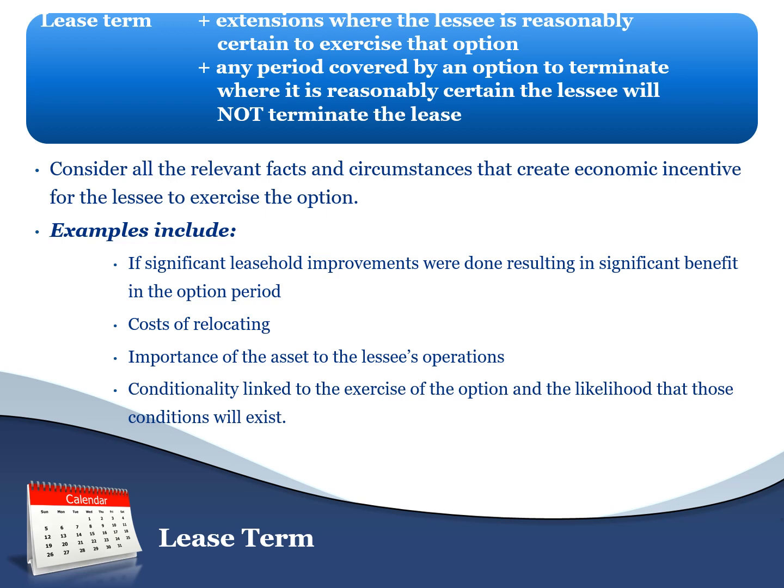So if I said to you, you can lease a car for the first year and it's going to cost you $5,000 a month for argument's sake, but then for the next 2 years after that, it'll only cost you $1 a month. Well, in that situation, we know that very clearly you're going to exercise the next 2 years because we can see quite clearly that it makes economic incentive for you to do that. In that situation, we would see the lease term as 3 years.